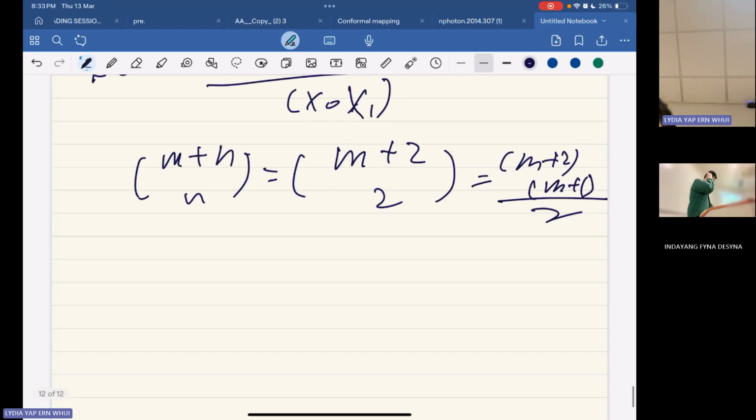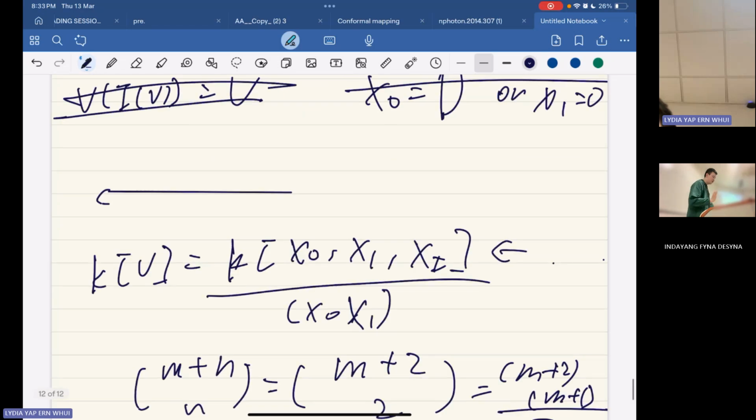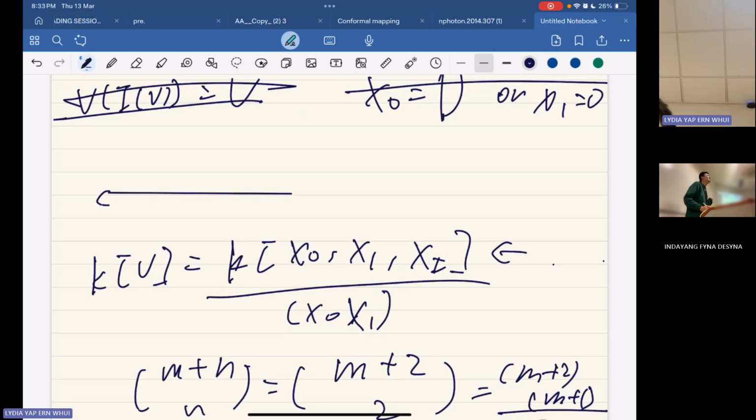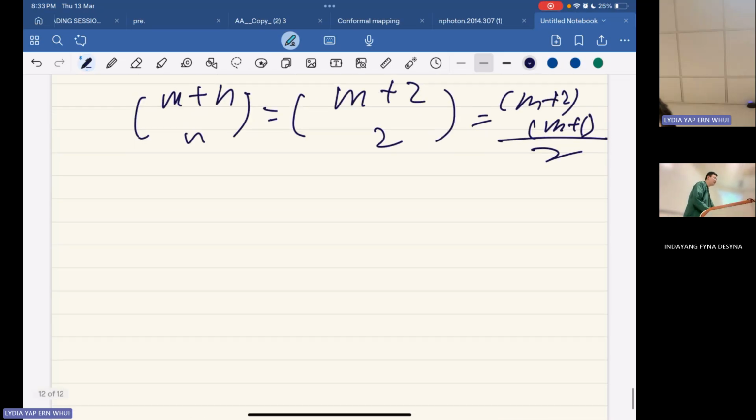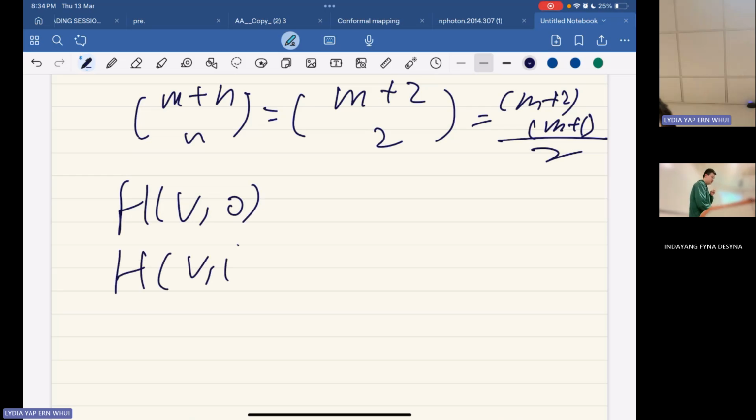And first, we can see that this ideal is generated by x0 times x1. It's already of degree 2, right? So there is no degree 0 or degree 1 polynomial in this ideal, right? So if we want to compute the Hilbert function of V in degrees 0 and 1, these two are just equal to H_P2(0) and H_P2(1), right?